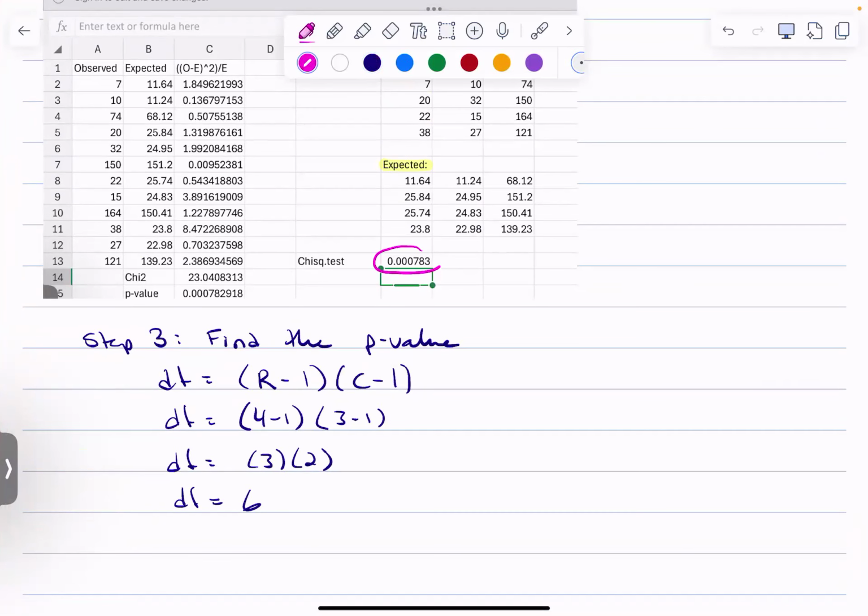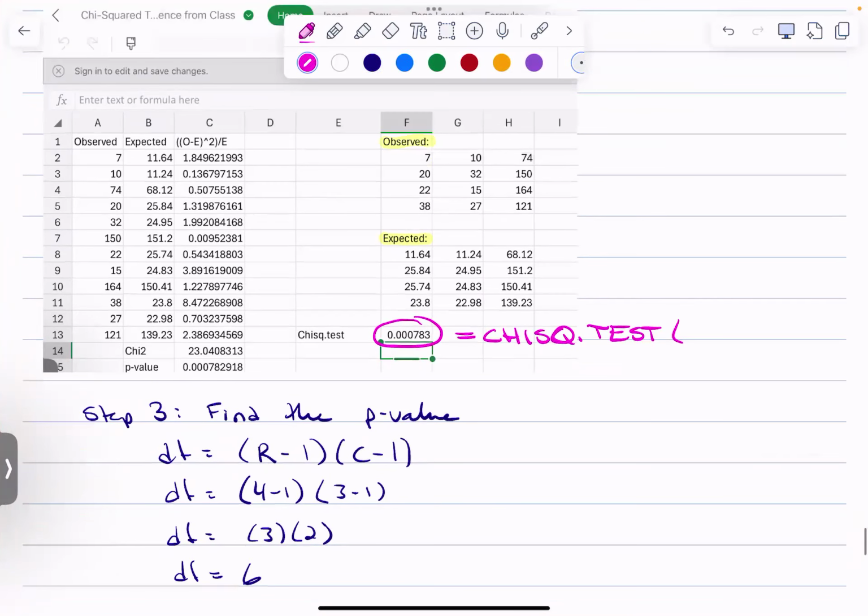And so here, this was equal to chi-squared dot test of the observed cells, so just highlighted, and the expected cells highlighted.